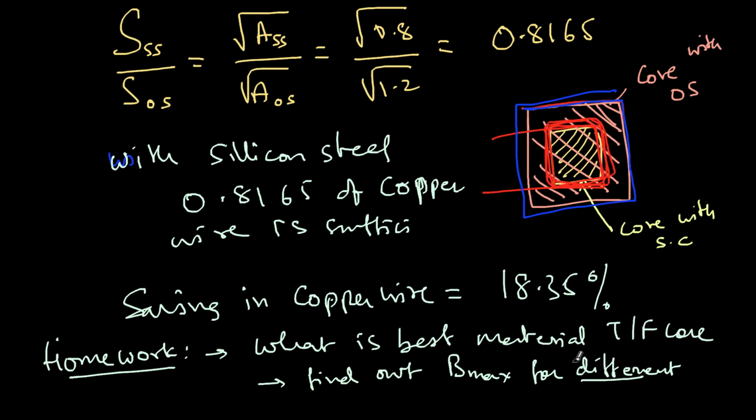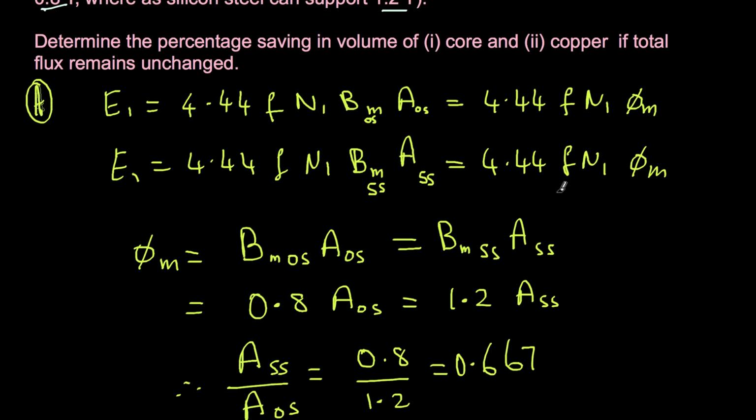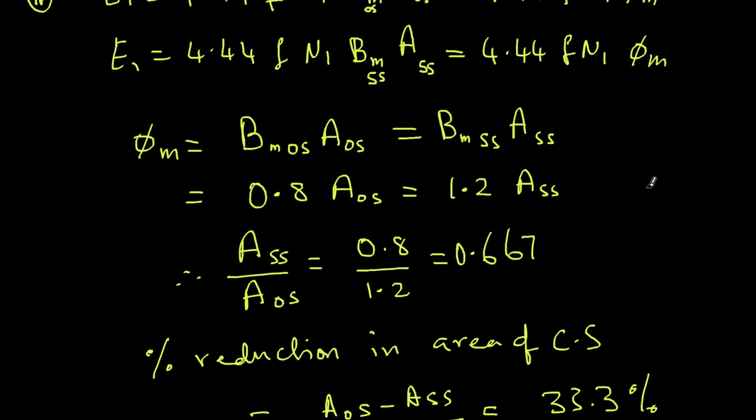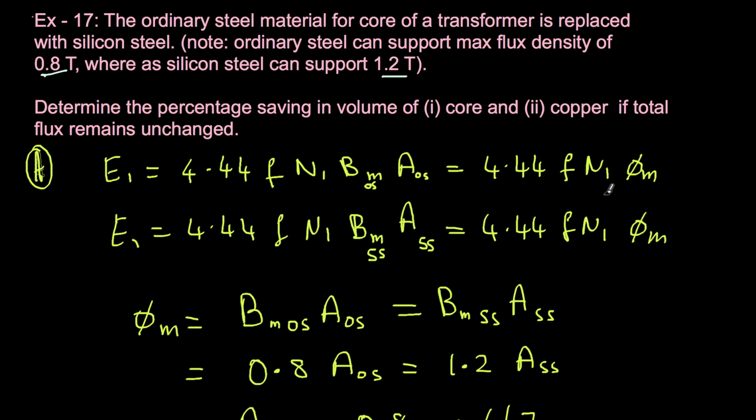You will notice that the best material which can handle the maximum flux density is what is normally used for design of transformers. And this problem that we discussed will help you understand the savings. Okay, so that is about this problem, example 17.